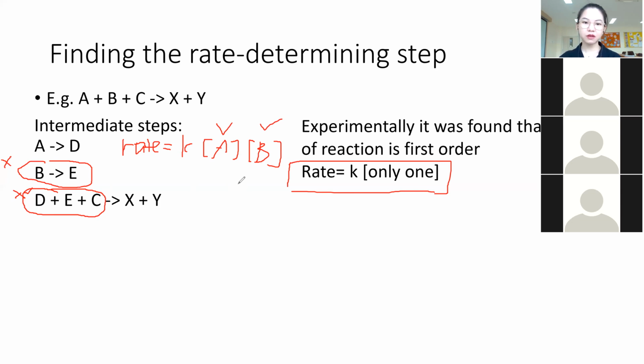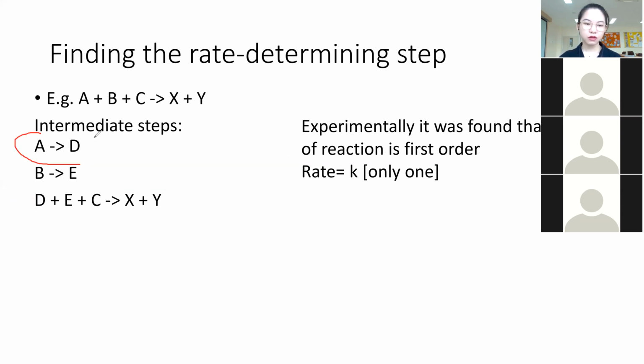So it must be the first one, because I only need first order. The only species that affects the rate is A, and since there are no steps before it, that's the only one.